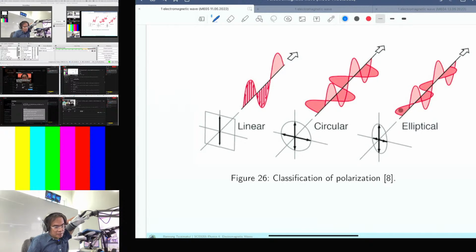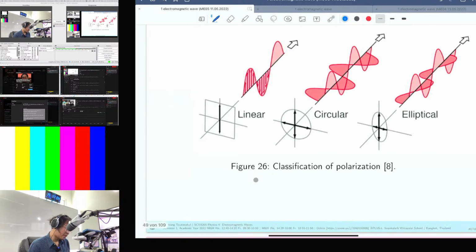That's why once the E field rotates due to the combination of those two components, that rotation has an elliptical shape. So we're going to say elliptical polarization, because of this shape.